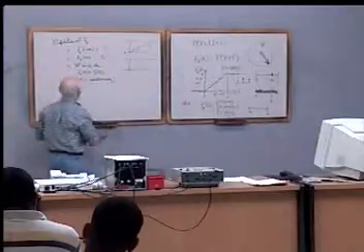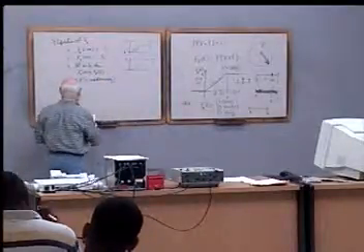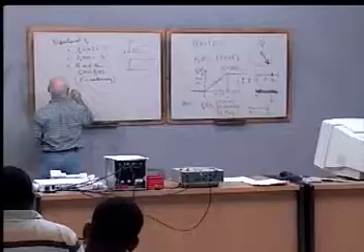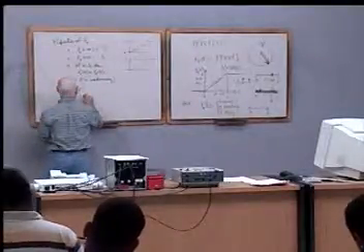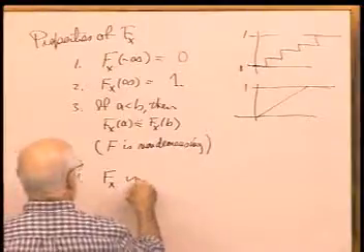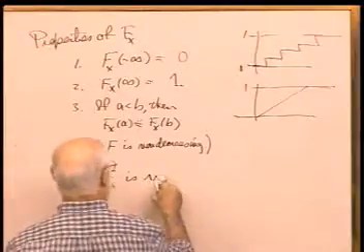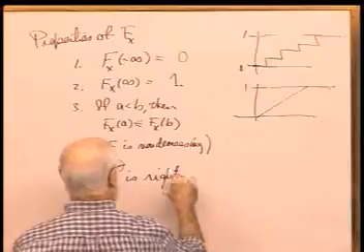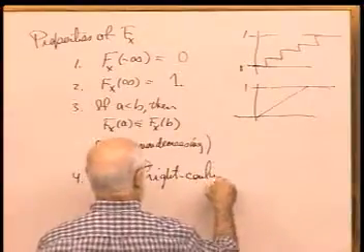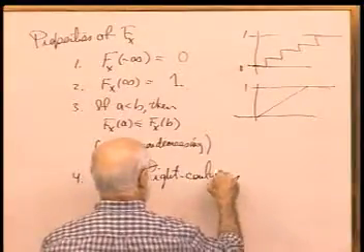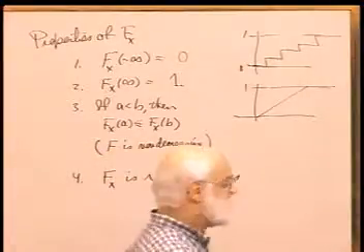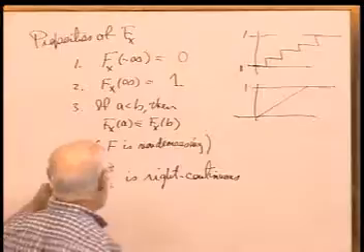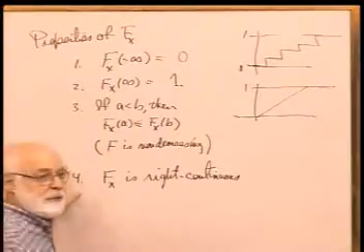Okay, so those are the main things, and now there's one other one which I'll write down for mathematical completeness. Number 4. The distribution function is what's called right continuous. Now that's just a mathematical statement which you can ignore, but which I'm psychologically incapable of leaving out because it should be there.